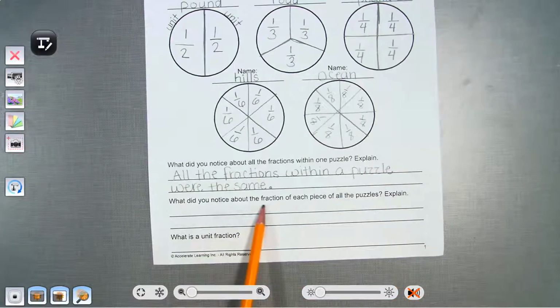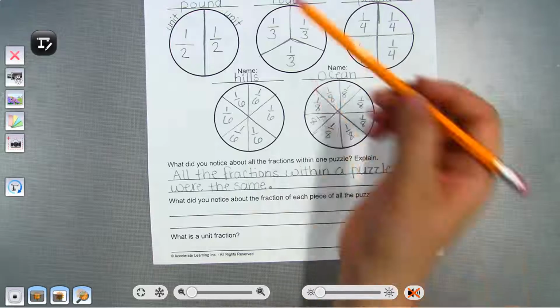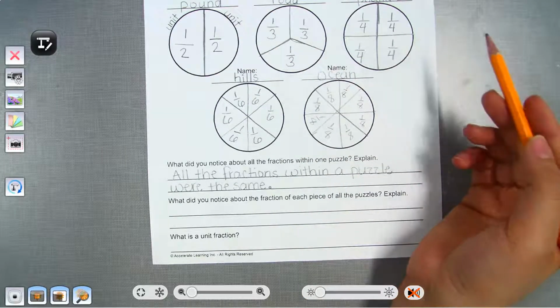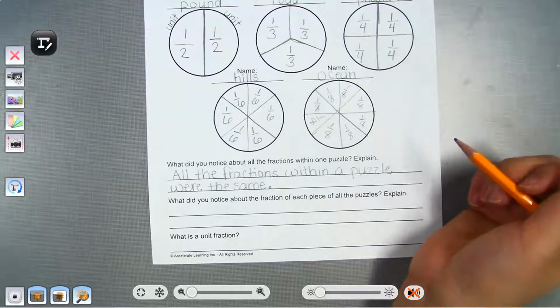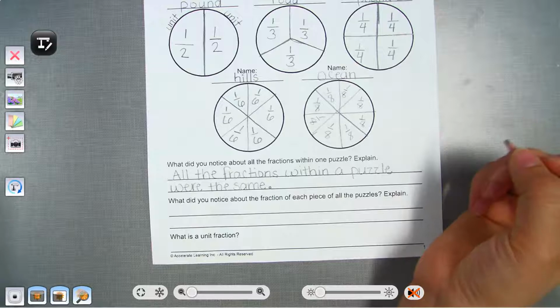What do you notice about the fraction of each piece of all the puzzles? If you notice, all of these have a what? A numerator of 1 because each piece was one equal part of the whole.